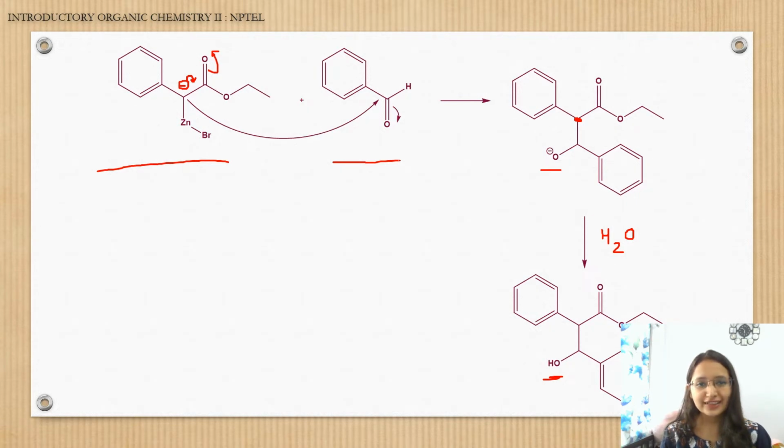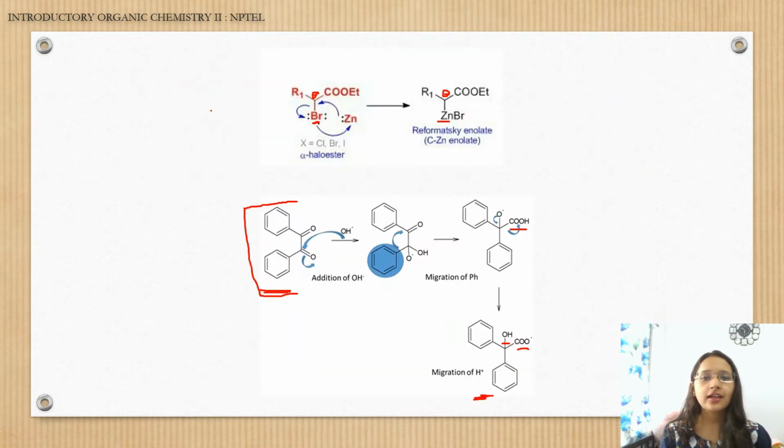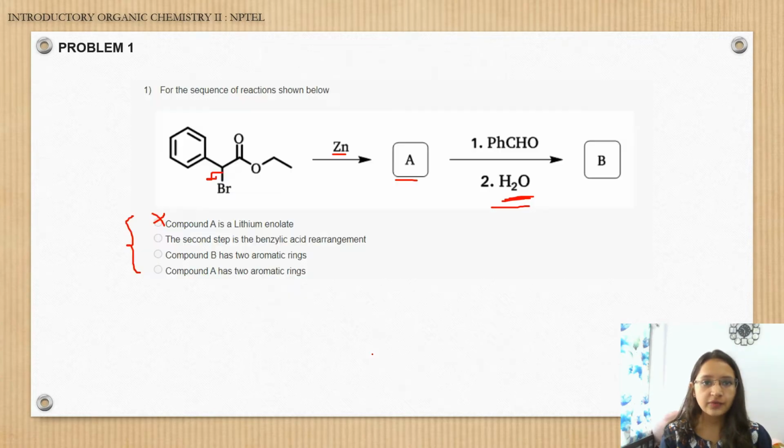Guys, at least tell me that. Okay, there is no 1,2-diketone species in the reactant, and there is no such condition implying migration. So this is not the benzilic acid rearrangement which we are talking about in the second step, okay? So answer B is also not the answer we needed, so both of the statements are not correct.